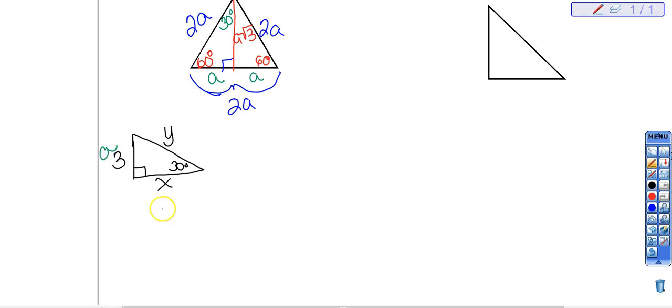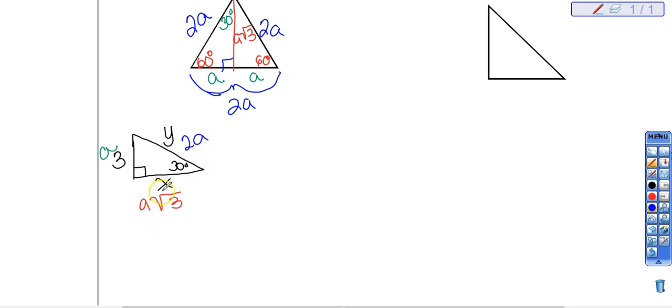So this is a. So a equals 3. Here we have a times the square root of 3. And opposite our right angle, our hypotenuse, we have 2 times a. So here's what I know. A equals 3. That's what I know.